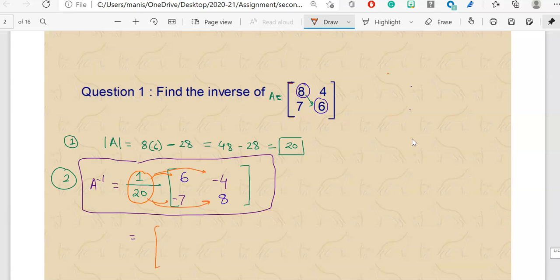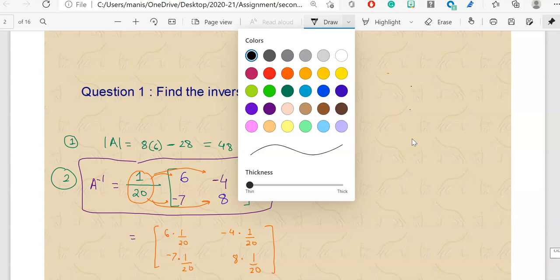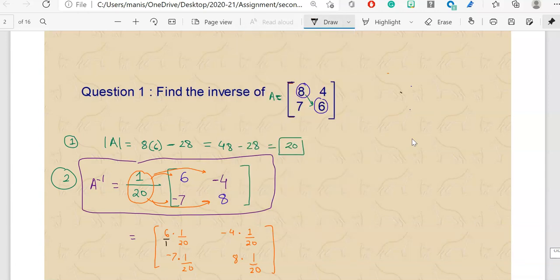So if I do it, it looks like this: 6 times 1 over 20, negative 4 times 1 over 20, negative 7 times 1 over 20, and 8 times 1 over 20. But you all know whenever something looks like this, you put a 1 over here.